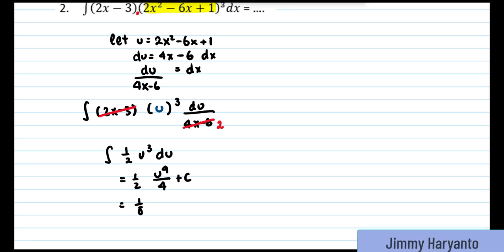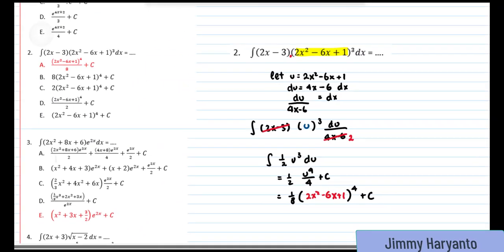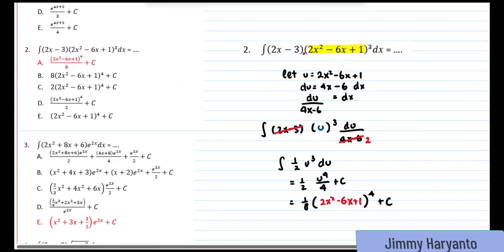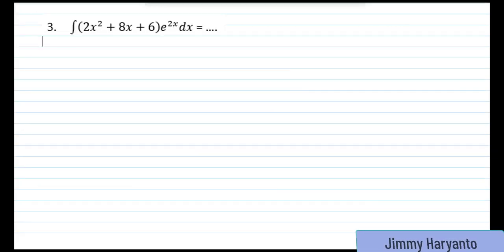And then the last thing is you have to replace the u with 2x squared minus 6x plus 1, the one that we assumed before. So this is the answer. Let's check it out. Yeah, it's the same. Okay, next is number 3.